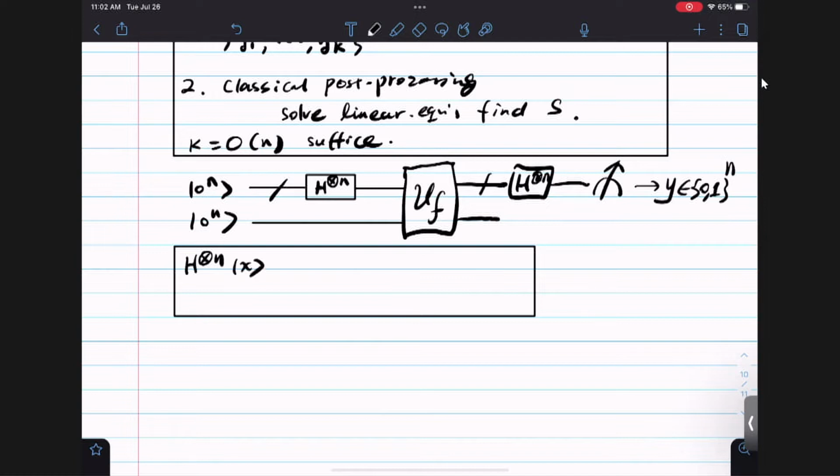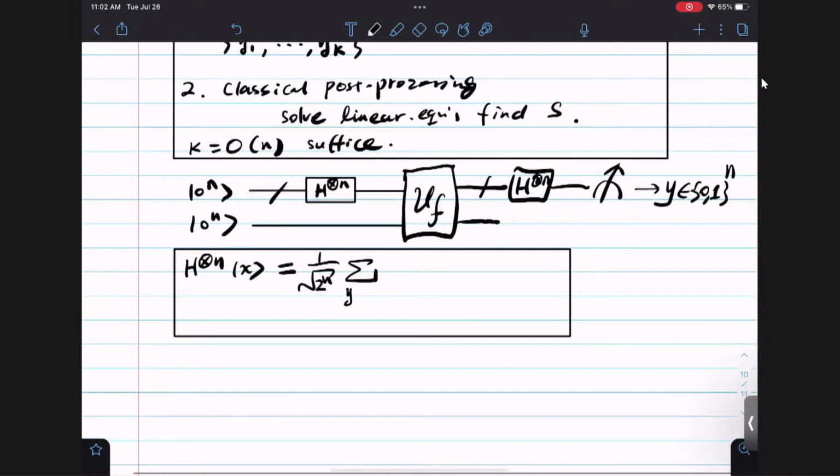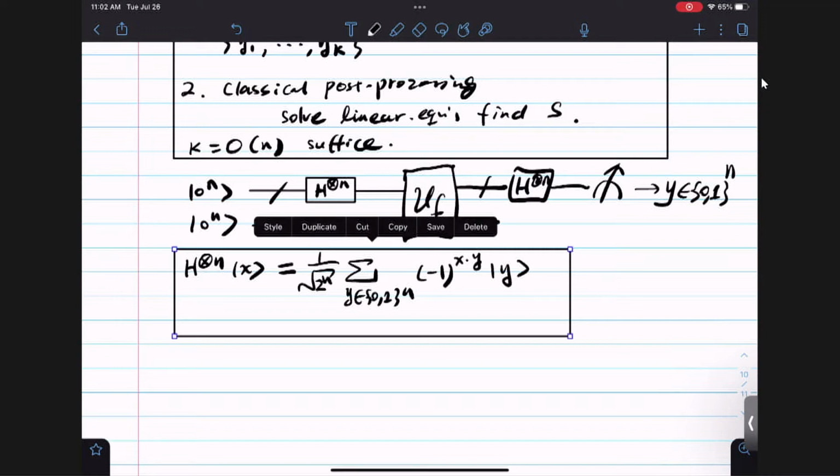If you apply Hadamard on the n-bit string, on each one of them, this gives us another state which looks a little complicated, but really not too bad. It's going to be a superposition over all n-bit strings y with a sign in front of it. And this sign is determined by the dot product between x and y.